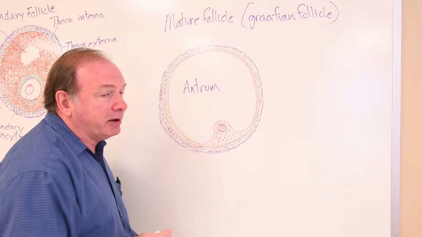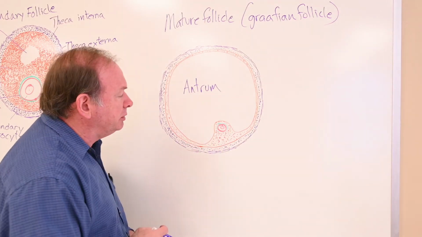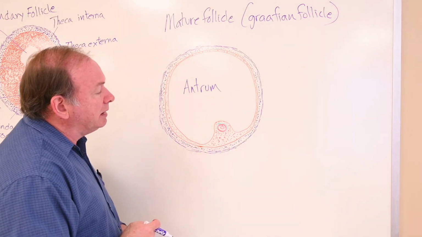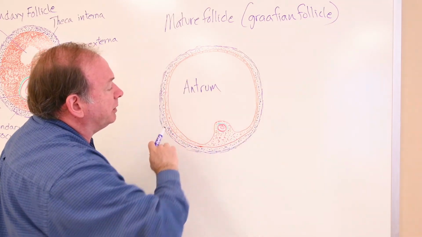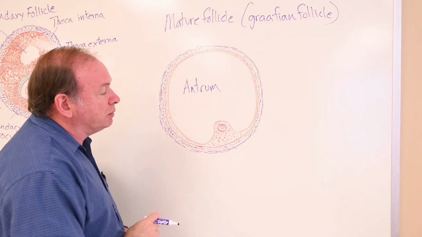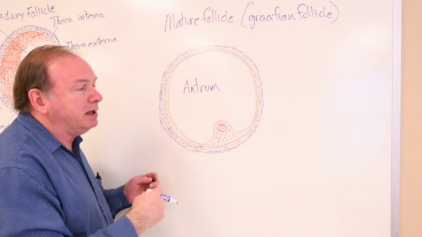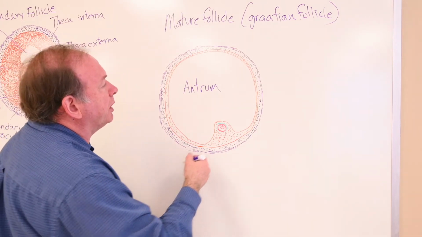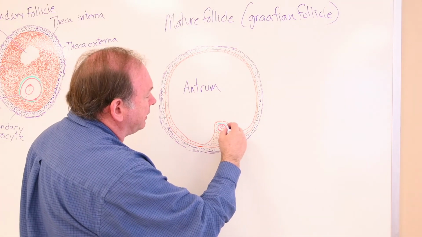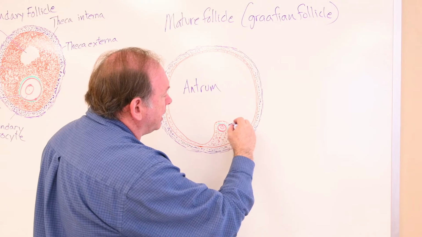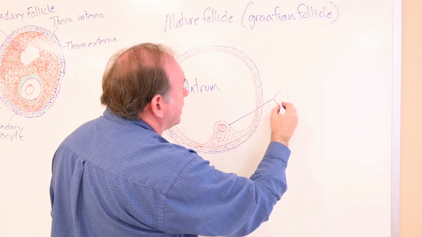Surrounding that secondary oocyte, we still have that zona pellucida, indicated by the green. And then our follicle cells that surround the antrum out here and surround the oocyte, we divide into different named regions at this point. Those that immediately surround the oocyte right here make up what we call the corona radiata.